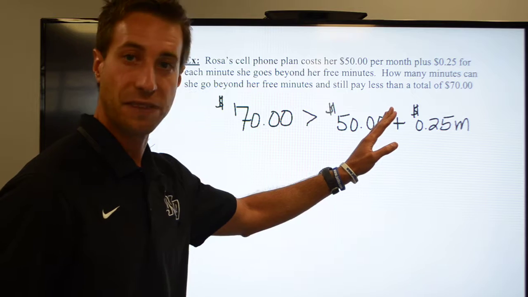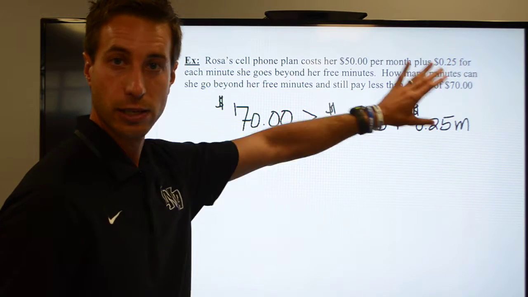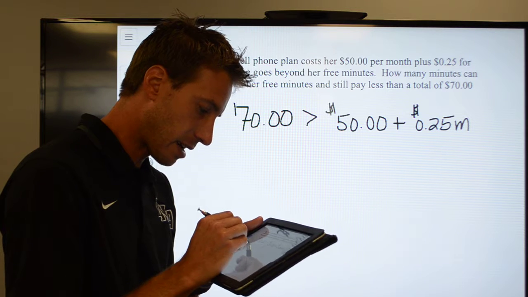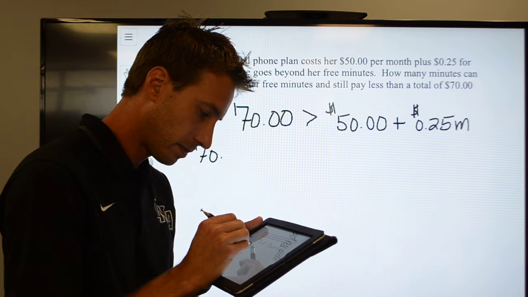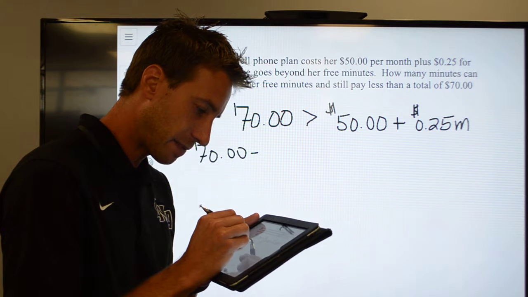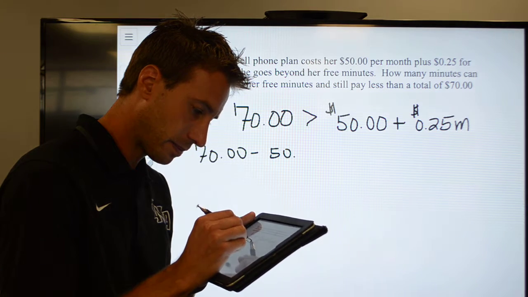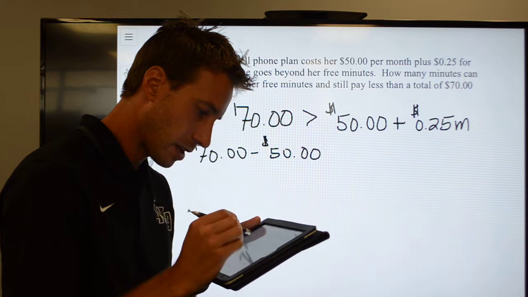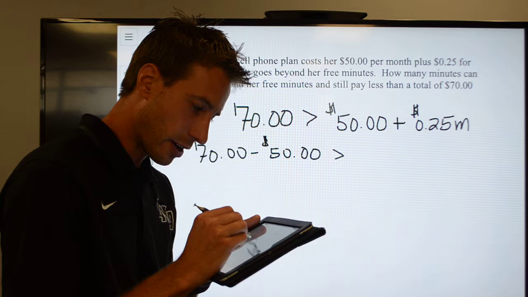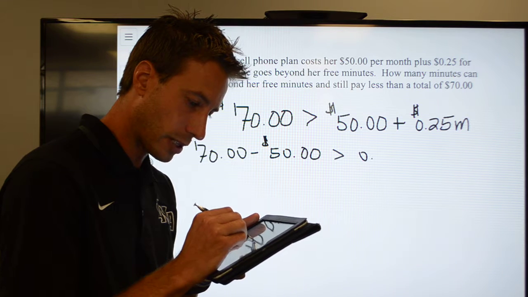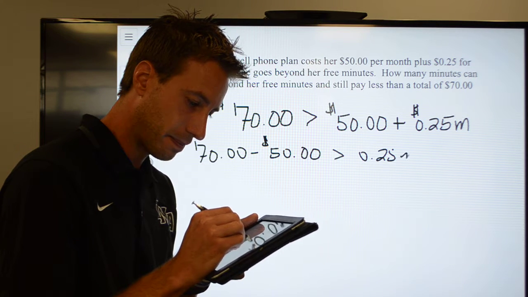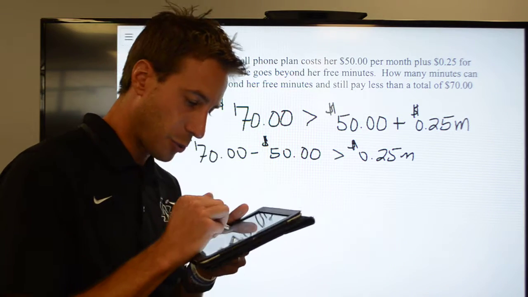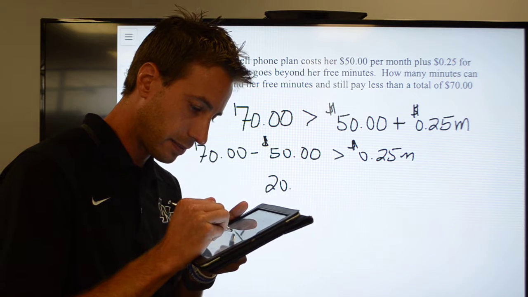I'm going to subtract the 50 to the other side to try to isolate that m. So that's going to give me $70 minus $50 is greater than 0.25m. $70 minus $50 leaves me with $20.